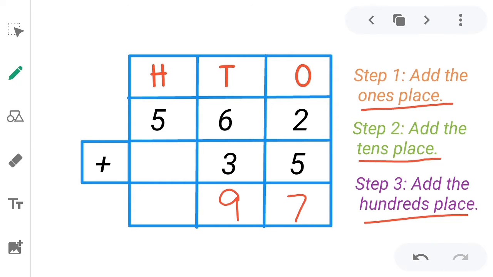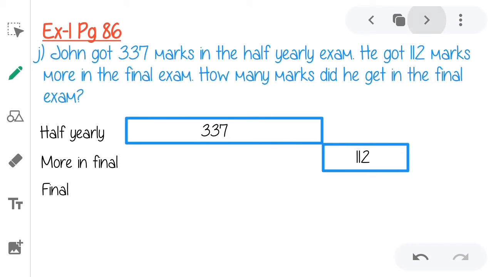Here we do not have any digit, so we'll consider it as 0. So 5 plus 0 will give us 5. So the answer is 597.